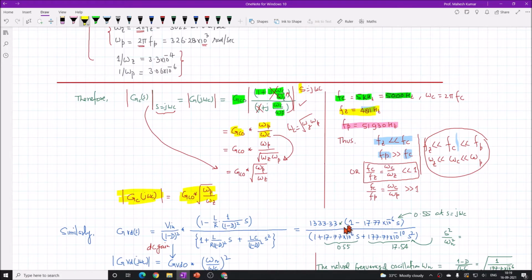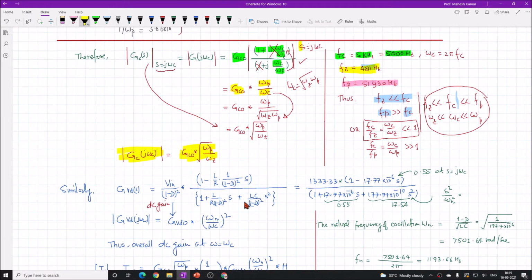Then we will solve what is the magnitude of GBD at omega c, because we have to see the magnitude of the whole gain, the whole transfer function at omega equal to omega c.